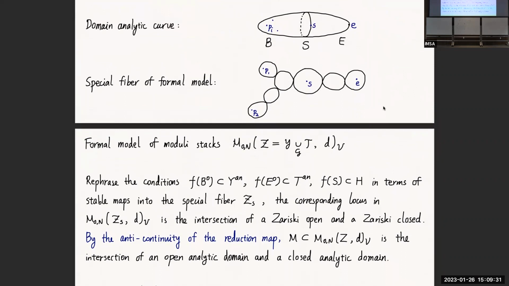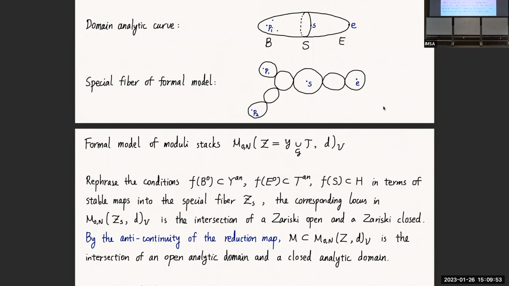And then we consider this formal model of modulus X that I introduced before. Now we can rephrase the conditions about the body going to Y and going to T and the circle going to H in terms of stable maps into the special fiber of the formal model.